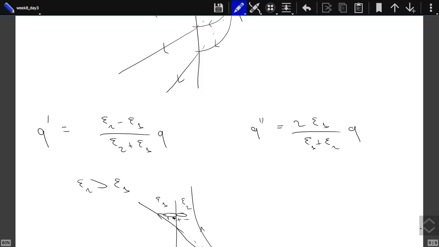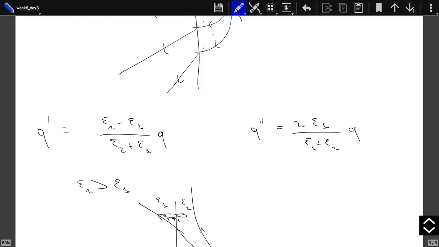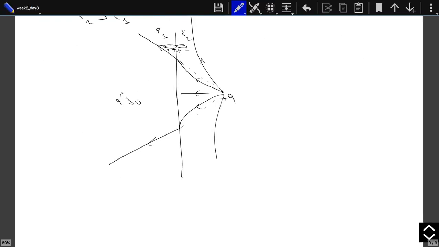So when you sum the charges of these dipoles at the interface, the net effect will be it will create a positive charge on the interface. So this surface will be positively charged, and hence the electric field lines coming from a positive charge will bend away from this surface.